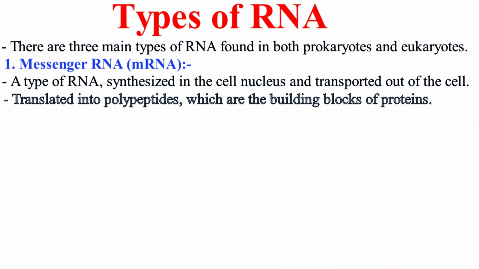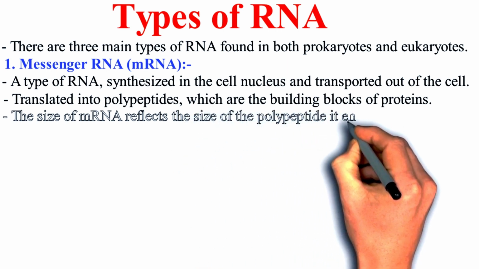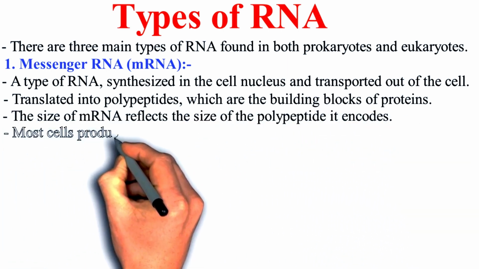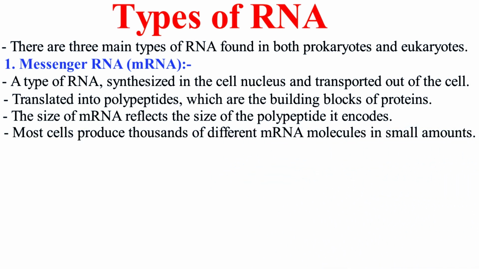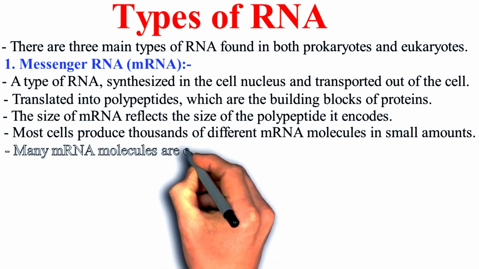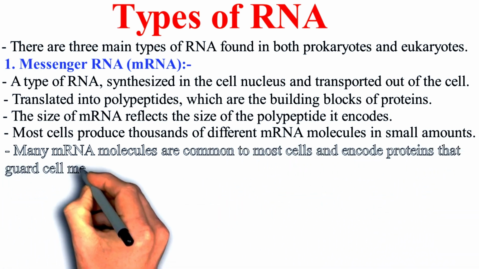The size of mRNA reflects the size of the polypeptide it encodes. Most cells produce thousands of different mRNA molecules in small amounts. Many mRNA molecules are common to most cells and encode proteins that guard cell metabolism.